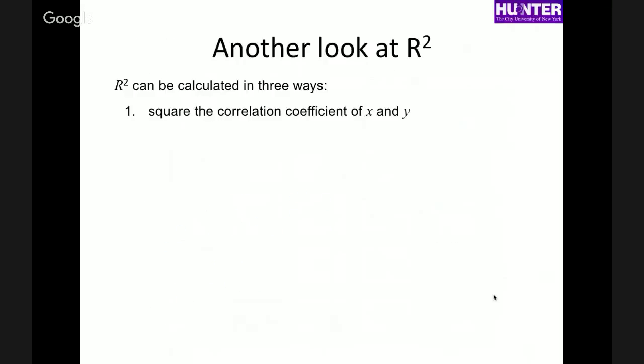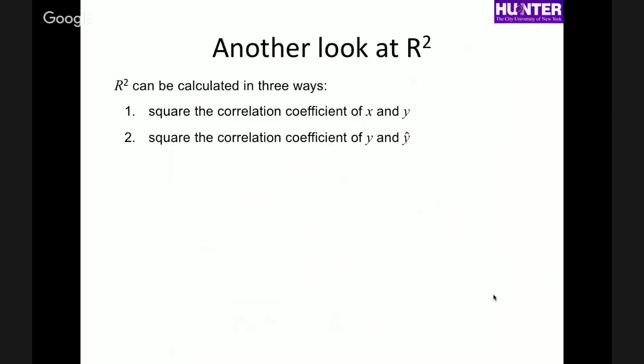But in fact, there are several ways to calculate R². One is to square the correlation coefficient between x and y. You can do that in a simple linear regression, right? You can't do that in a multiple regression because you have multiple x variables. But for a linear regression like that, you can do this. You can square the correlation between your actual response variable and your predicted response variables.